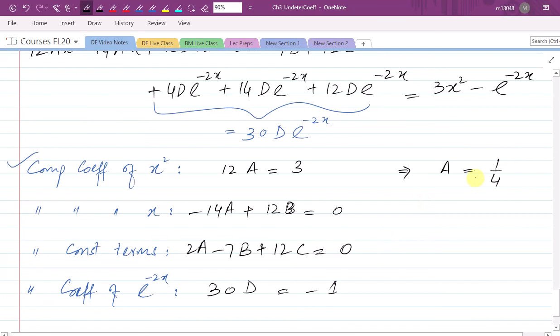Now we will put a here and find b. Okay, so I'll leave this one for you, so it's very easy to find out. So b will become, as for my calculations, it is 7 over 24, and now we put a and b here in these two places, and then solve for c.